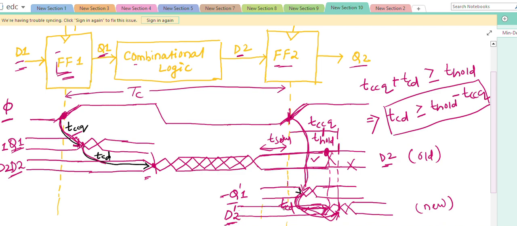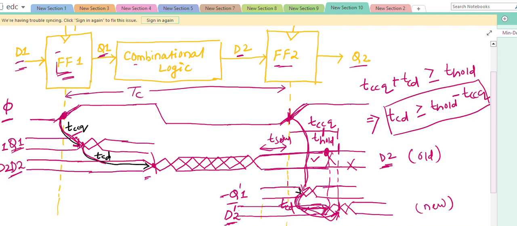D2 is your old and D2 dash is your new. Till the new D2 comes, the old D2 will be there. Once the new D2 comes, the old D2 will be taken by the new D2.